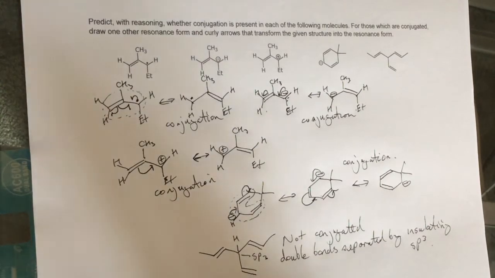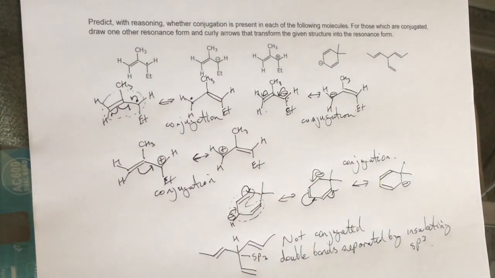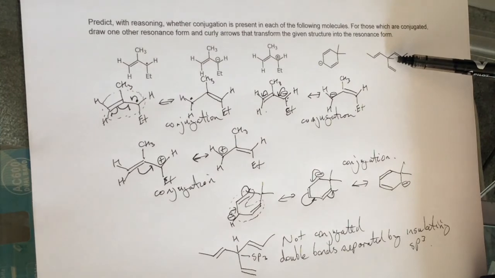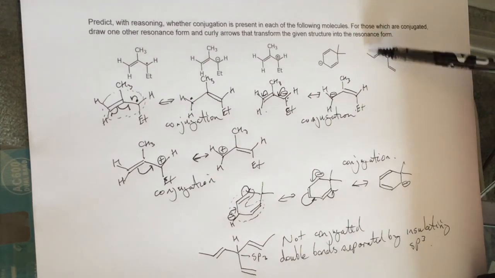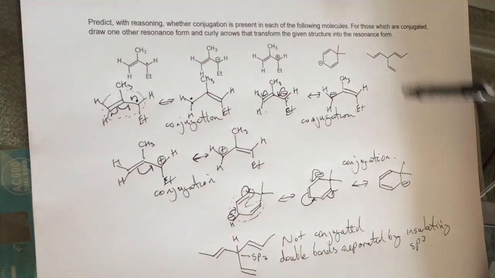So, demonstrate conjugation with curly arrows. Make sure you don't put curly arrows onto a carbon where you end up with pentavalent carbons. If you're worried about what you're doing, say for this sort of system, put the hydrogens in on the carbons, so you know where not to go. Okay?